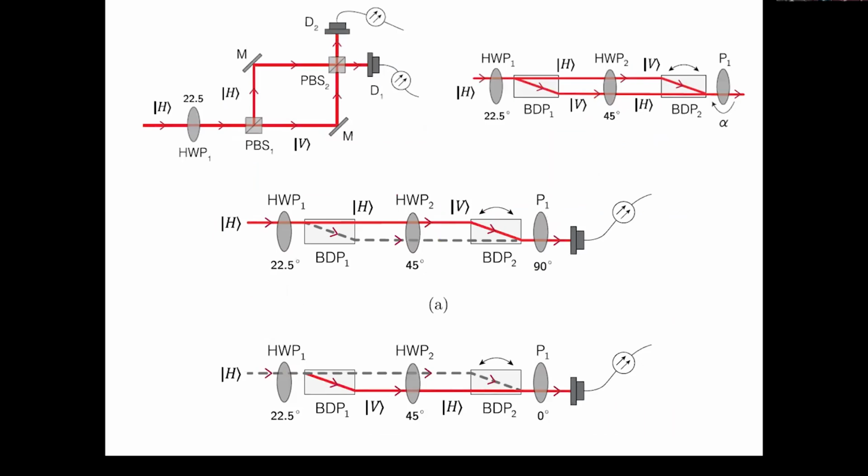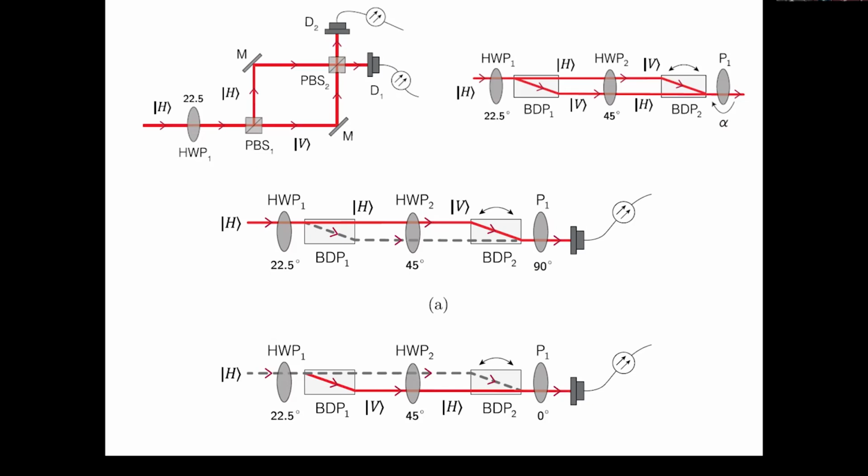So first of all, this is the Mach-Zehnder interferometer which I showed earlier. Now, this is slightly difficult to build in a laboratory. So what we do here is, instead of these polarizing beam splitters, we use two beam displacing prisms.